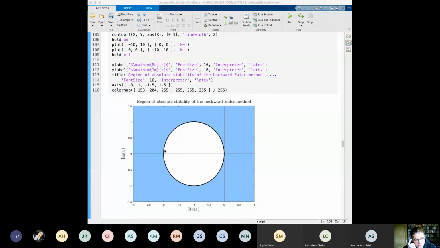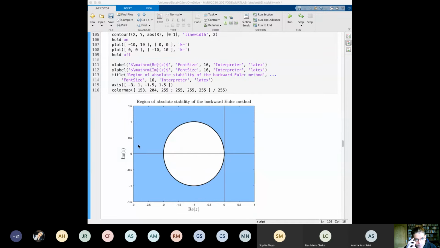Now it's quite similar to the normal Euler method, except the region of stability is outside of this circle. So the shaded region is outside. Within this circle, the backward Euler method is unstable. Outside of the circle, it's stable.